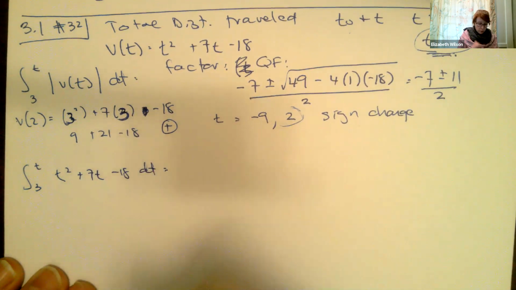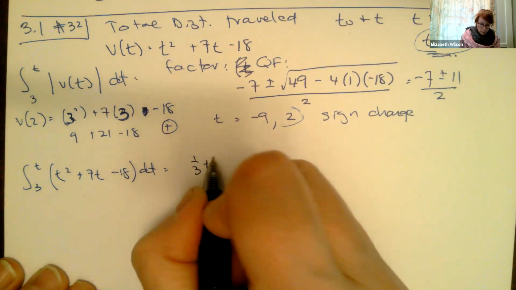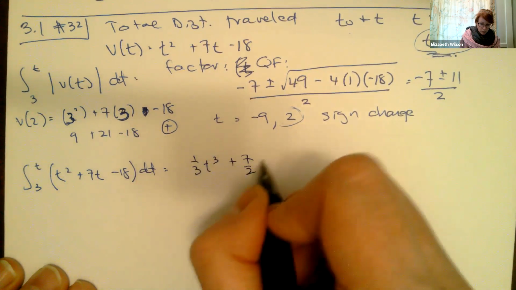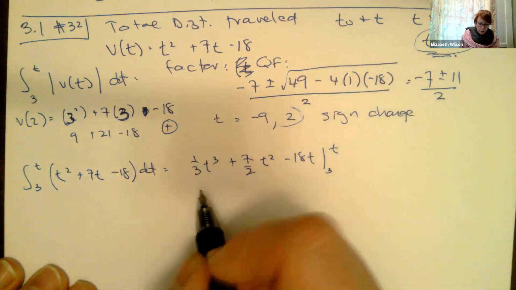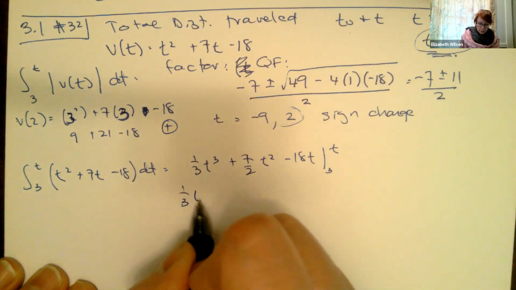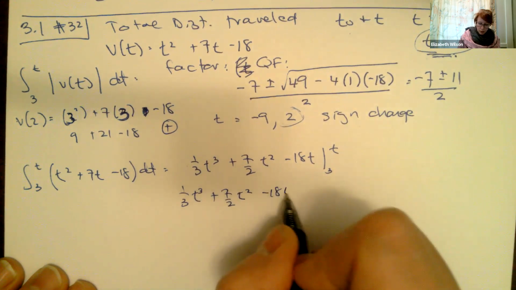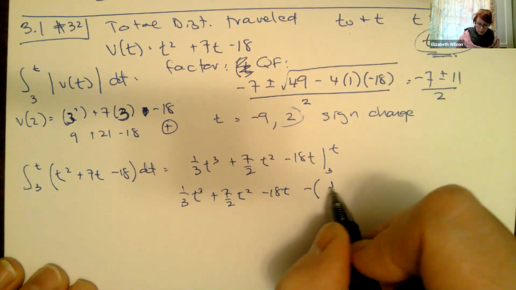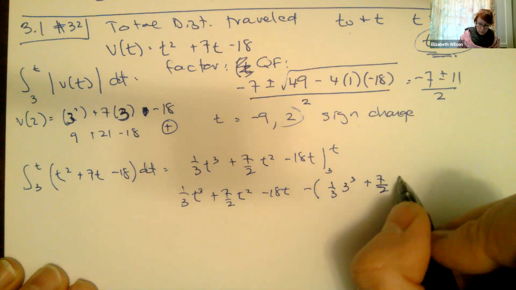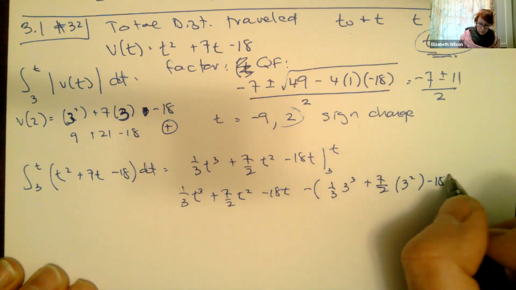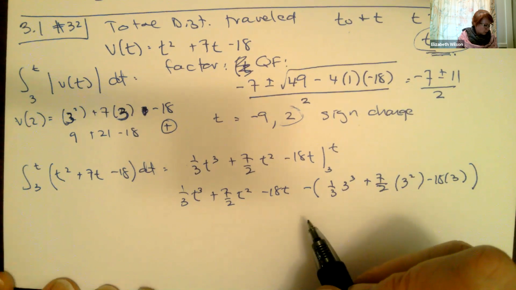So it's just power rule. Right, so that's 1/3 t cubed plus 7 halves t squared minus 18t, from 3 to t. So I'm going to plug in t, minus, I'm going to plug in a 3. So this one, what did I get when I did this? 13.5.